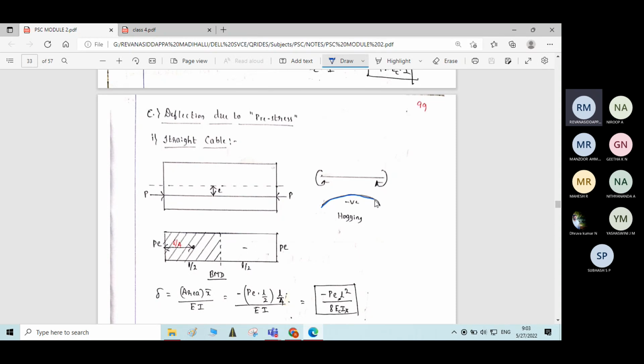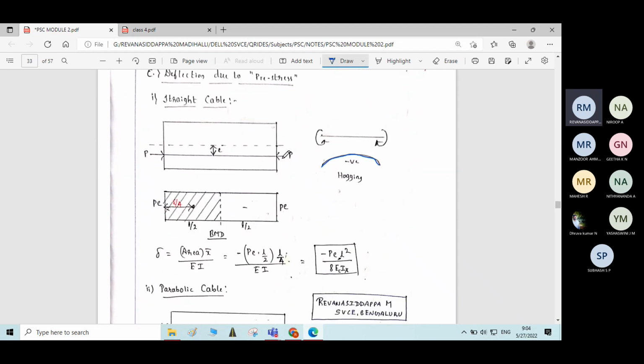So it will reduce the deflection due to the self-weight and live load on the beam. If you increase the magnitude of the pre-stressing force, then the resulting deflection of the beam will decrease, because the live load and the dead load will cause deflection in the downward direction.